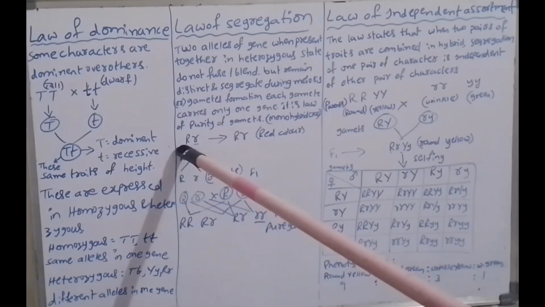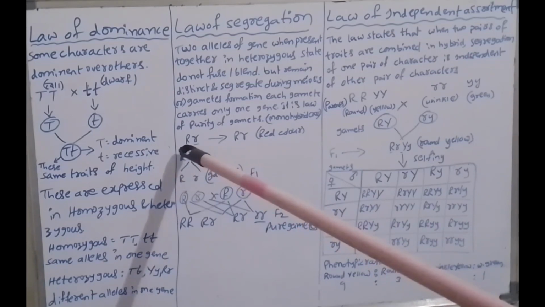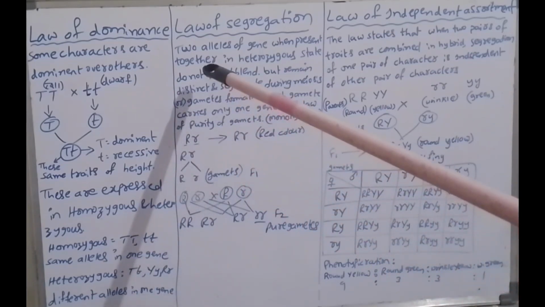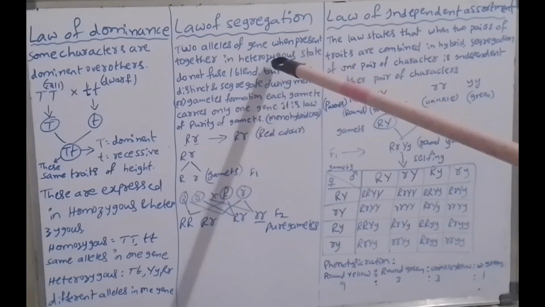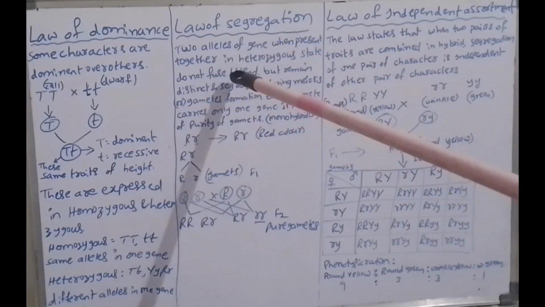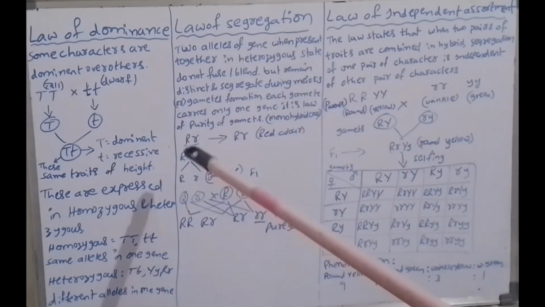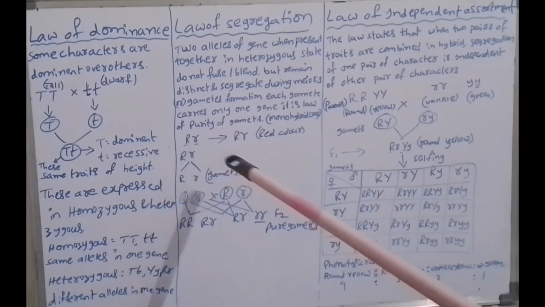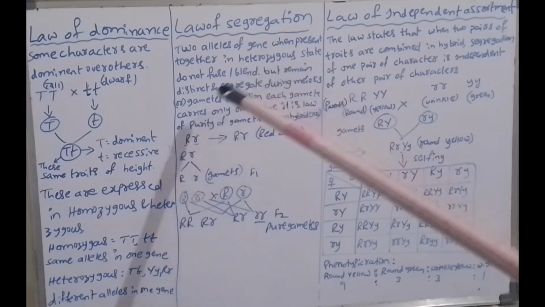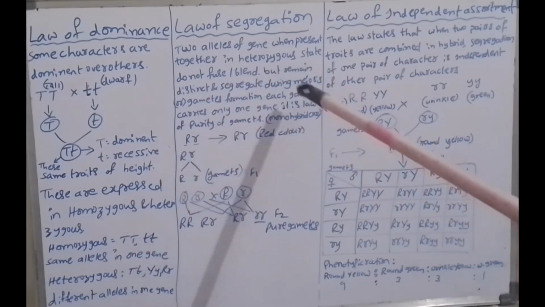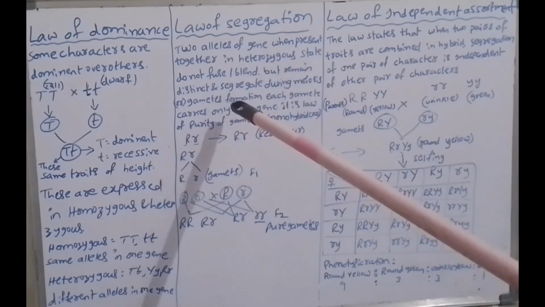Here, capital R means round, small r means wrinkled. So different alleles means heterozygous, and they do not fuse or blend in crossing but remain distinct and segregate during meiosis or gamete formation.